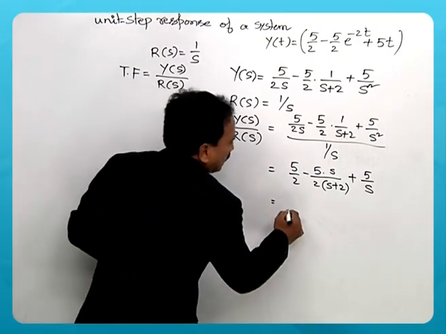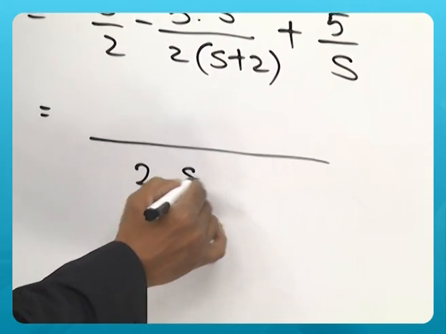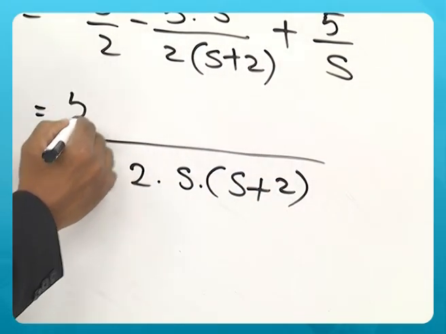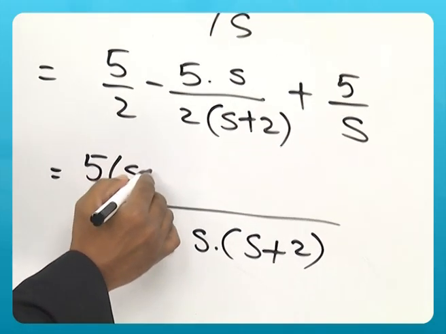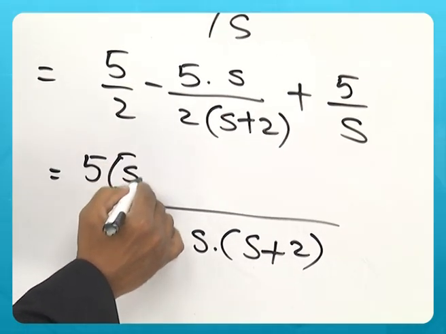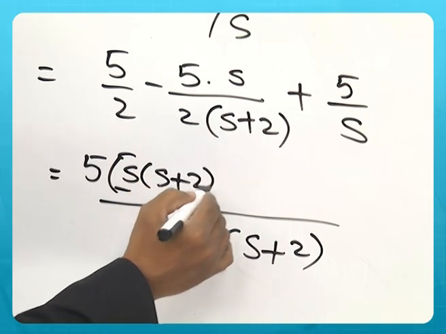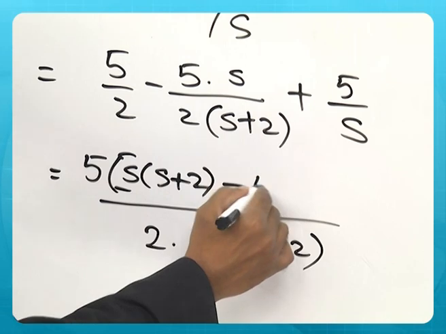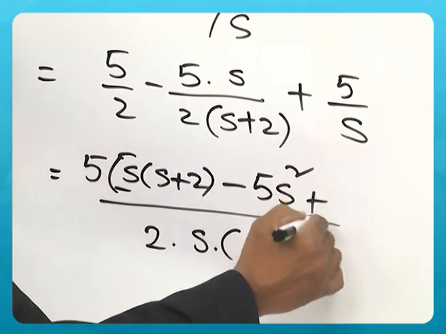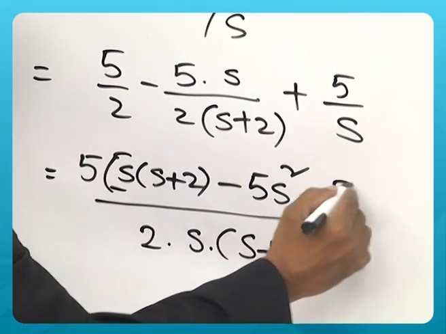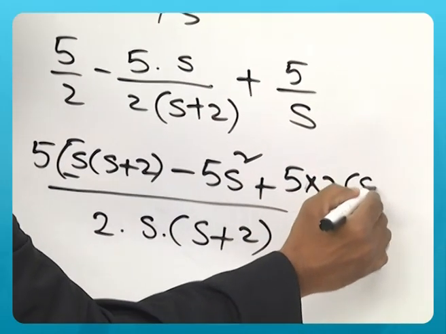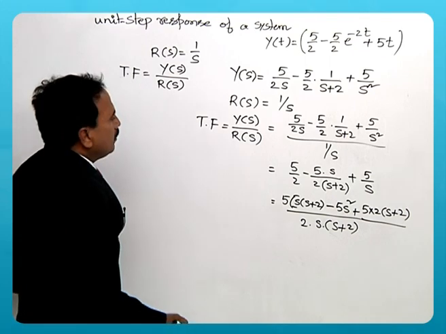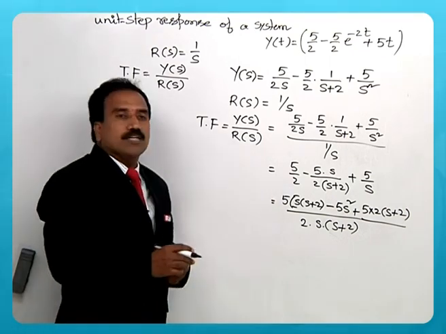So you can take that 2s into s plus 2. So here 5 into s into s plus 2, minus this 2s plus 2. So it is 5s square plus 5 into 2 into s plus 2. Now you need to simplify this to get the transfer function.